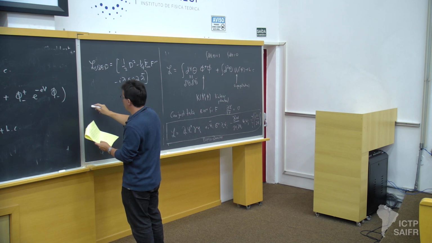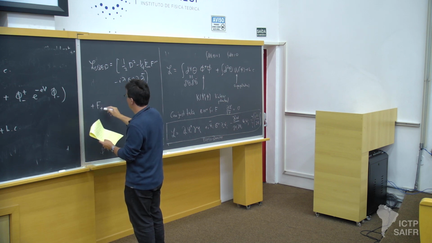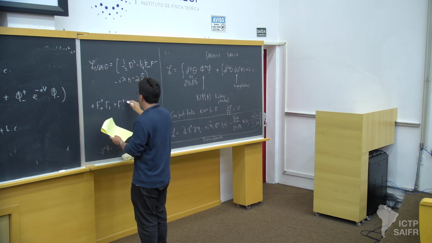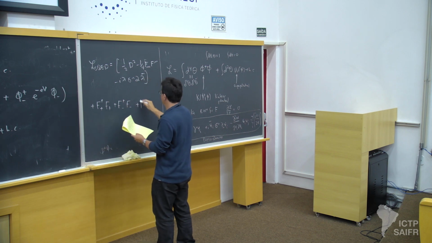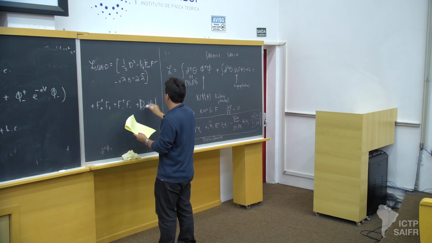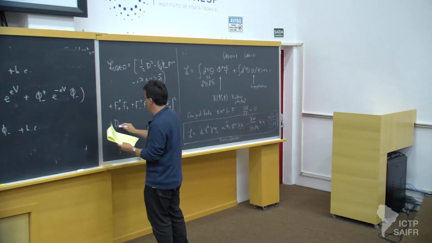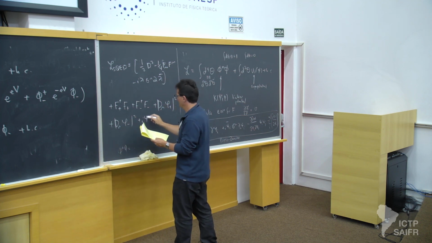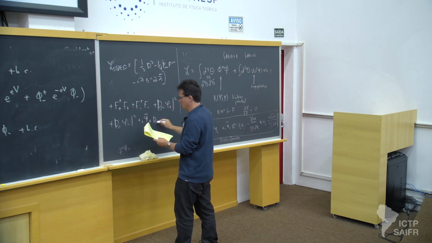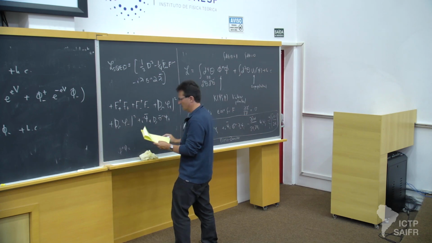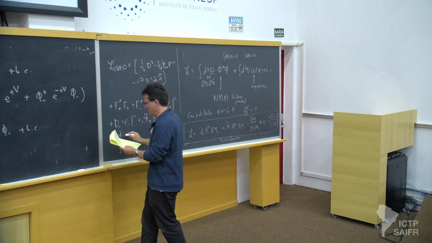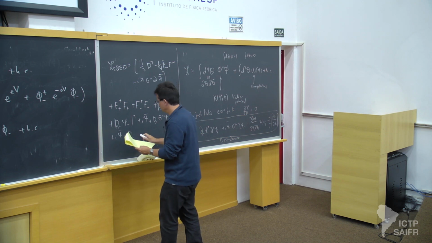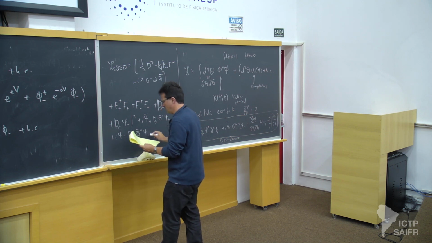Now the kinetic term for the matter fields: F plus dagger F plus, F minus dagger F minus, plus |d mu phi plus| squared plus |d mu phi minus| squared, plus i psi plus dagger sigma bar mu d mu psi plus, plus i psi minus bar sigma bar mu d mu psi minus.